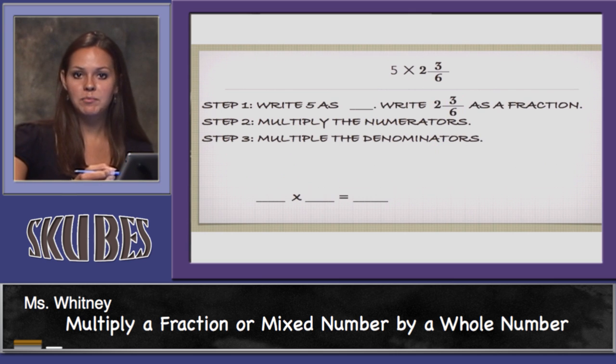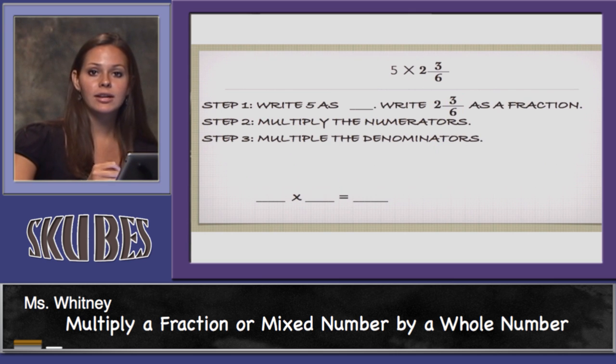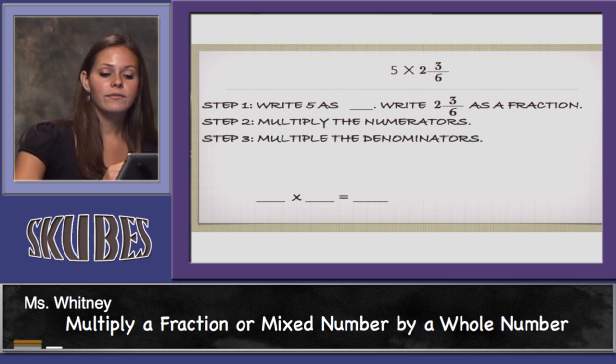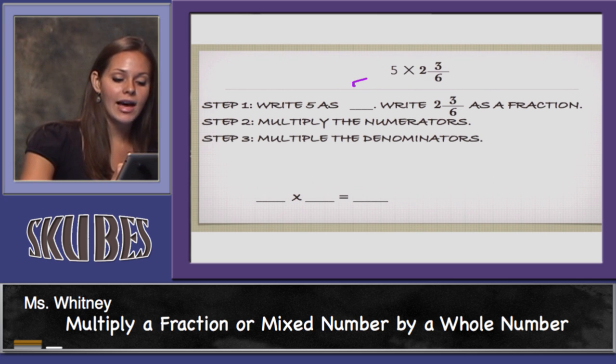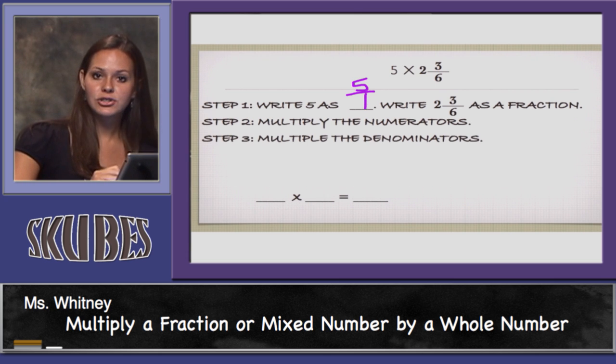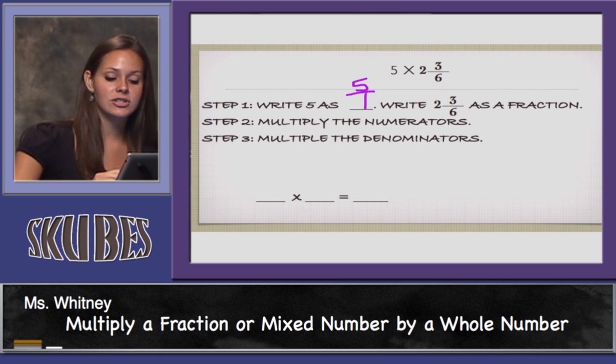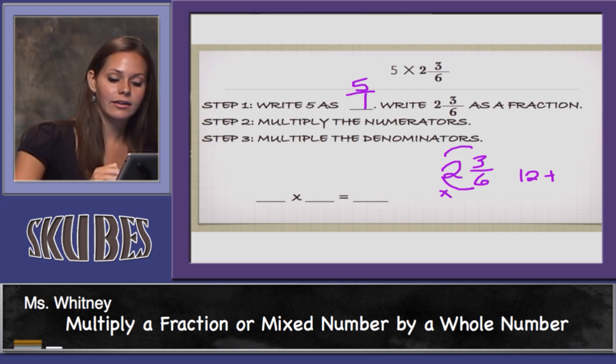Let's try another example multiplying a whole number times a mixed number. 5 times 2 and 3/6. First we'll write 5 as a fraction. Next we'll write 2 and 3/6 as a fraction. We'll multiply 6 times 2, which is 12, and then we'll add 3.